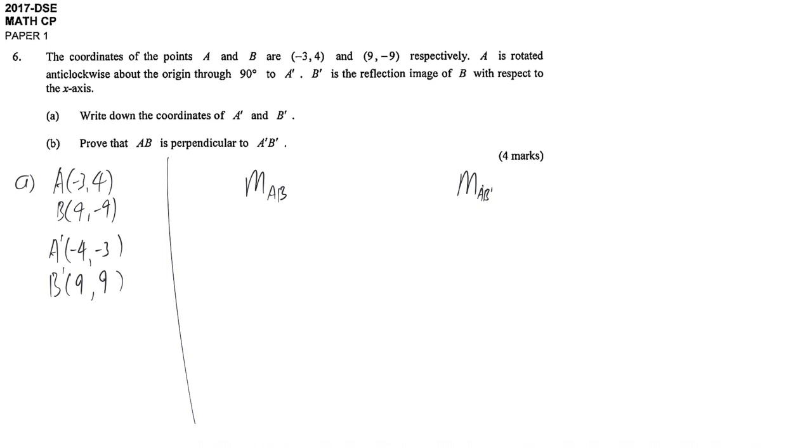And then by the product, if their product is equal to -1, then we know that they are perpendicular. If we multiply these two is not -1, then they are not perpendicular. So in this case, because we have all the coordinates, we just compare delta y and delta x. So 4 minus -9, -3 minus 9.